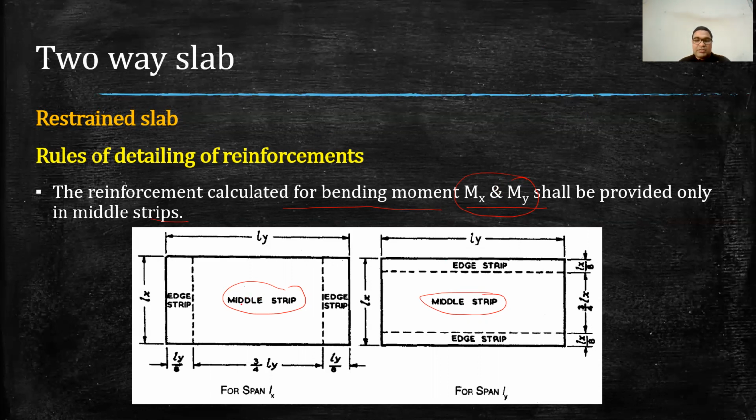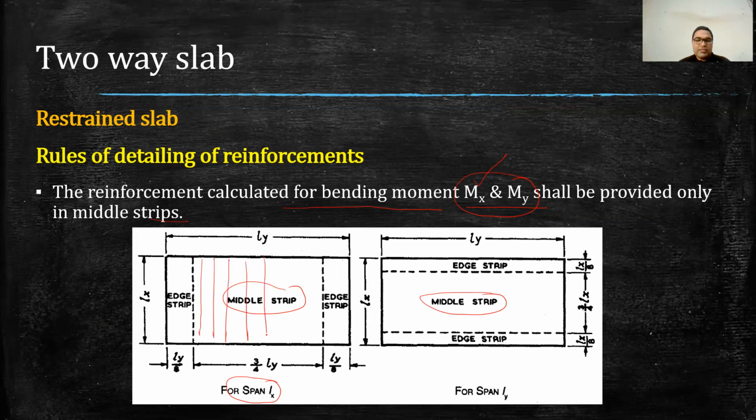So what does it mean? It means that, for example, if I talk about the shorter span, this Lx value, the reinforcement for Lx will be provided for this moment Mx. So Mx will have reinforcement like this, along the slab.